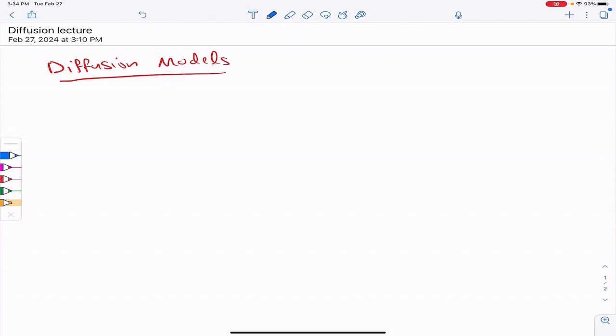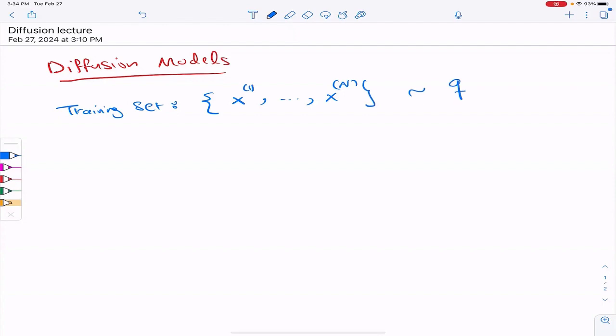What is that problem formulation? We are given a training set, starting with the simplest case, and later on I'll talk about more sophisticated generative models where you can have additional inputs rather than input images. So you have a training set with n images, and we assume these images come from an underlying distribution that we don't know.